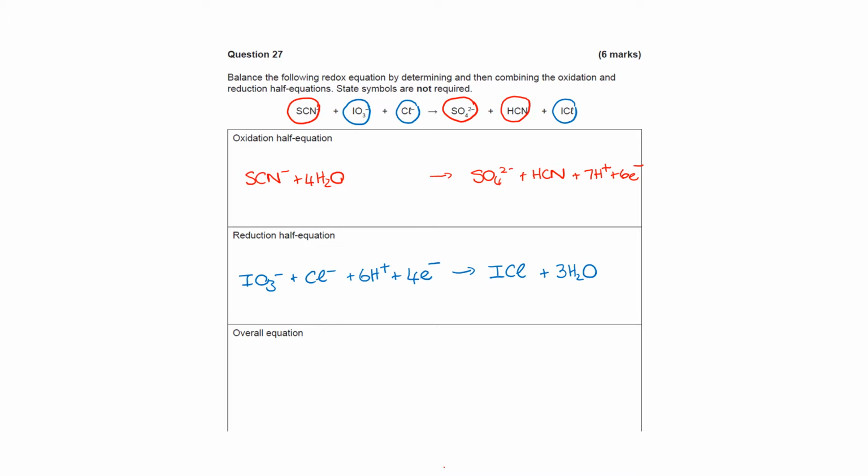Now we've got an equation that's got 6 electrons at the top and an equation that's got 4 at the bottom. So we need to make that a common factor, which is of course 12. So we times the top one by 2, bottom one by 3, and we put it all together. So 2 SCN minus plus 8H2O plus 3 IO3 chlorides.